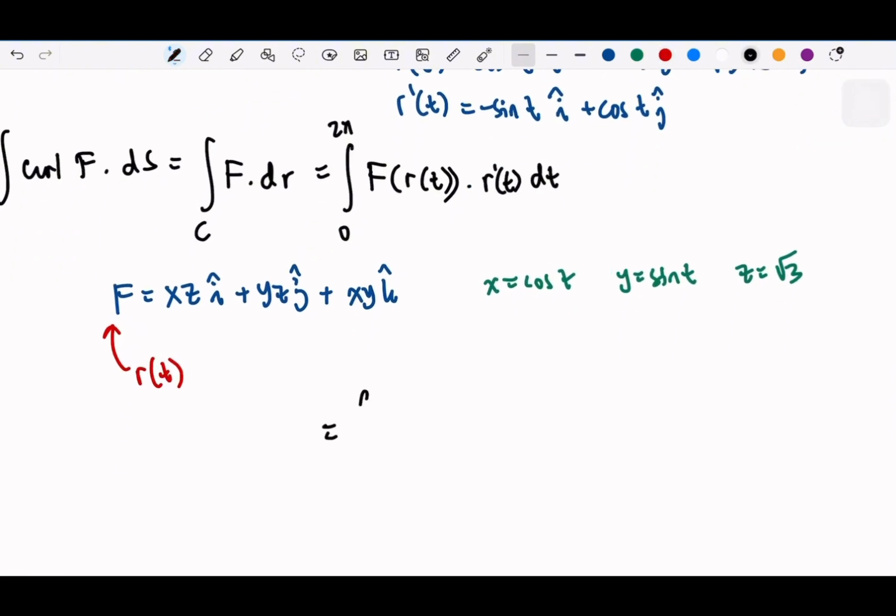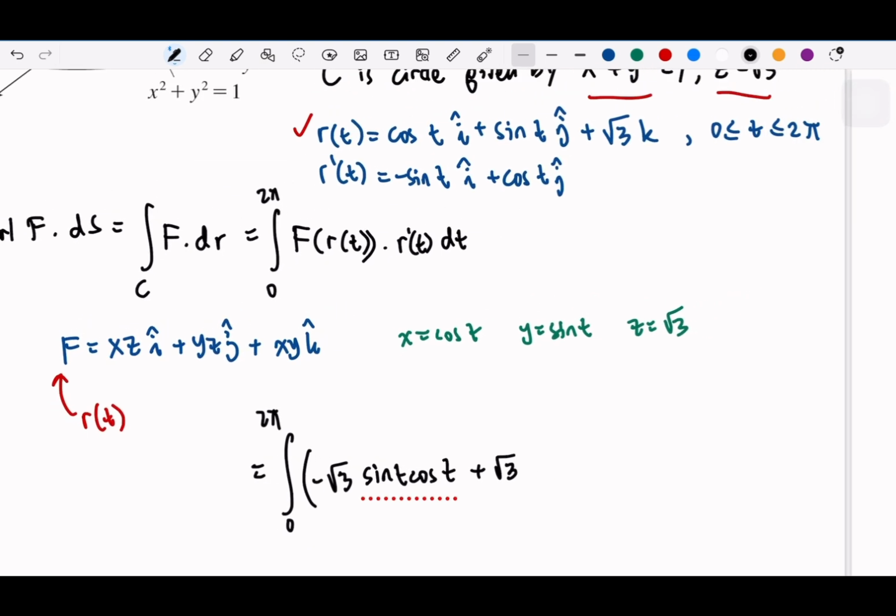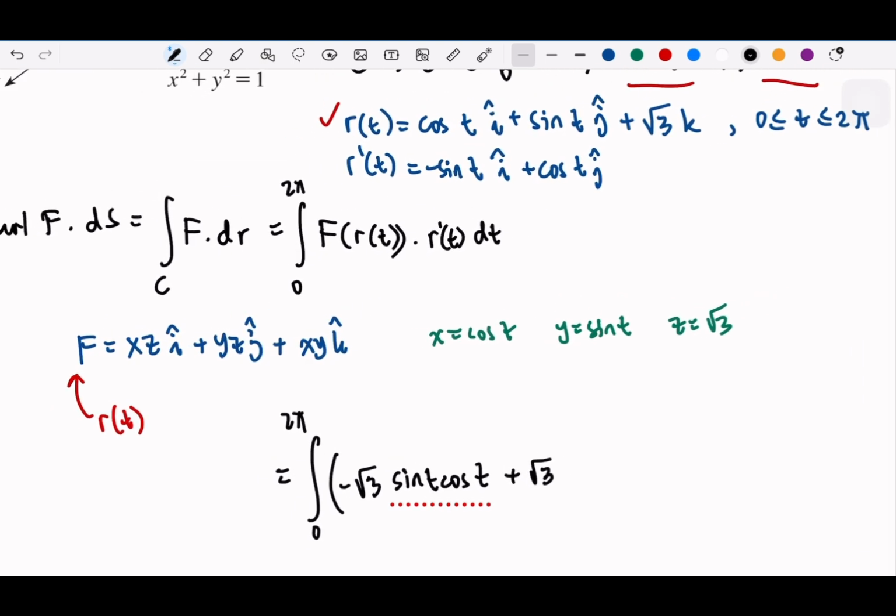So this will be from 0 to 2 pi. This will be negative square root of 3 sine t cosine t plus square root of 3 cosine t sine t.